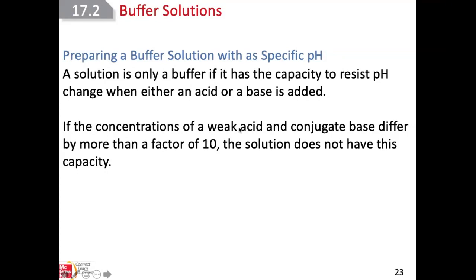If the concentrations of the weak acid and its conjugate base are different from each other by more than a factor of 10, then the solution does not have that buffer capacity. So that acid and its conjugate base, their concentrations should not be different by more than a factor of 10.